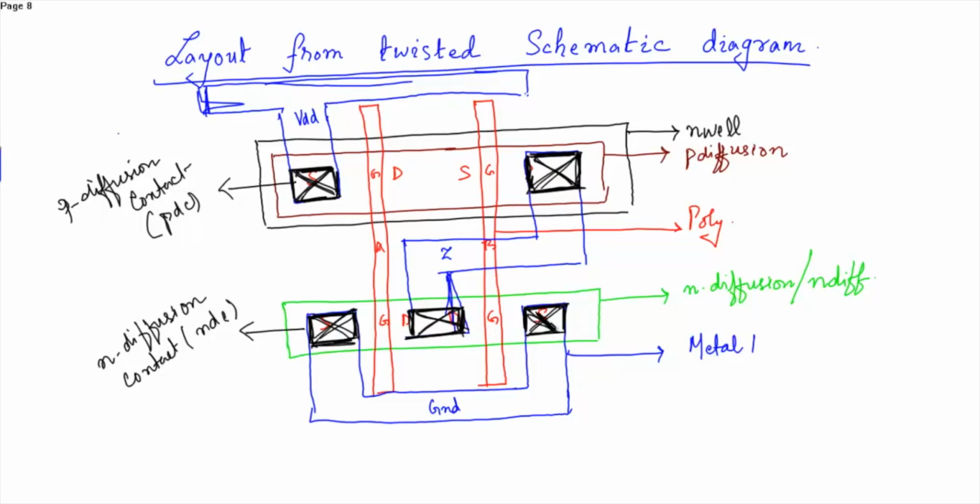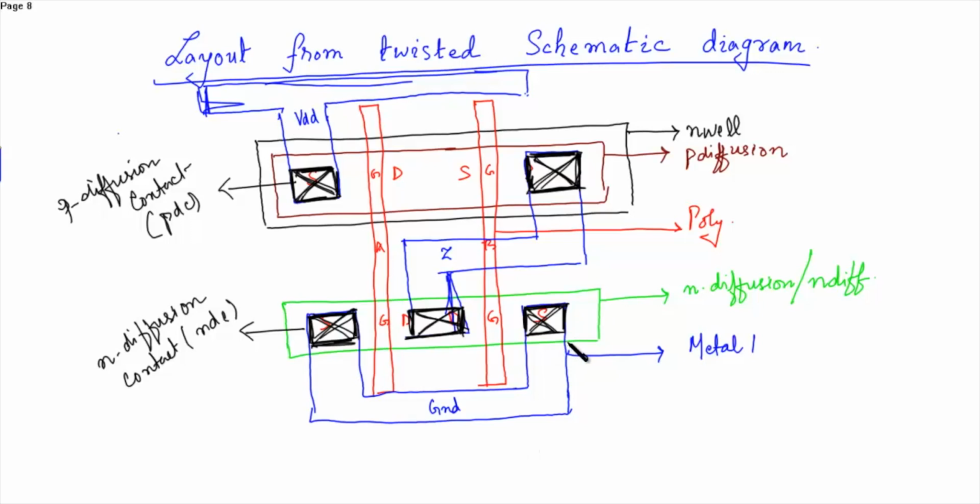These are the N diffusion contacts that connect the N diffusion layer with the metal layer.